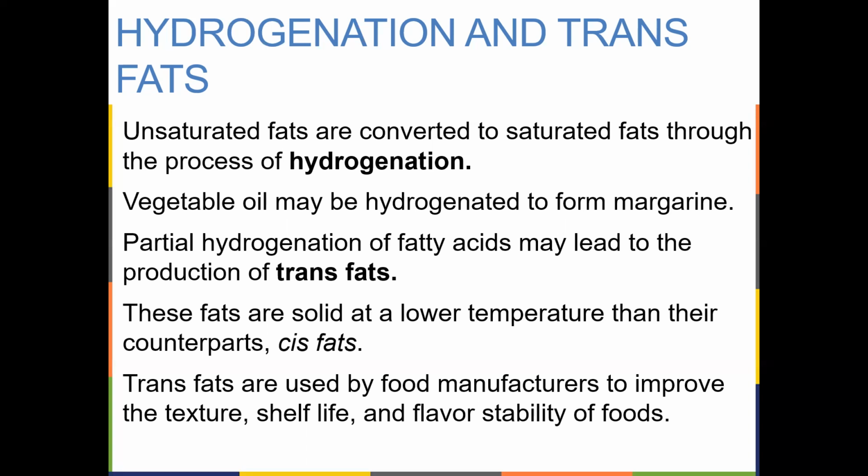It gives them greater shelf life for storage or on the shelf at the store. It helps maintain a constant texture in the food product. It also helps to maintain the same flavor because the food industry is all about shelf life and a constant flavor and a constant texture.